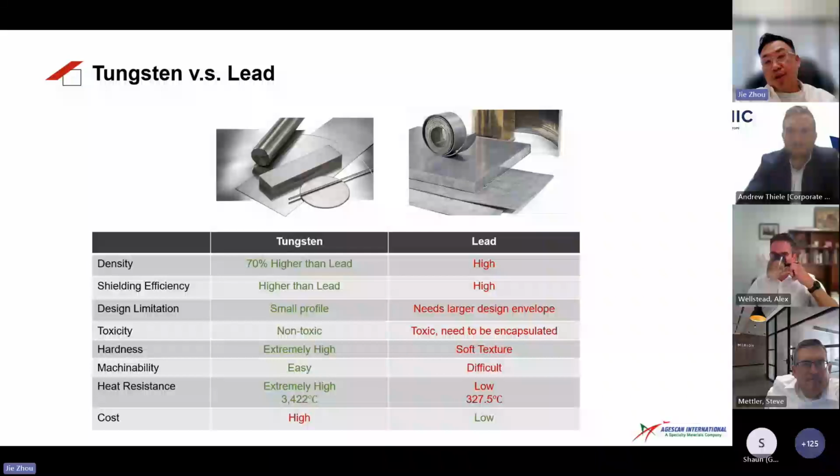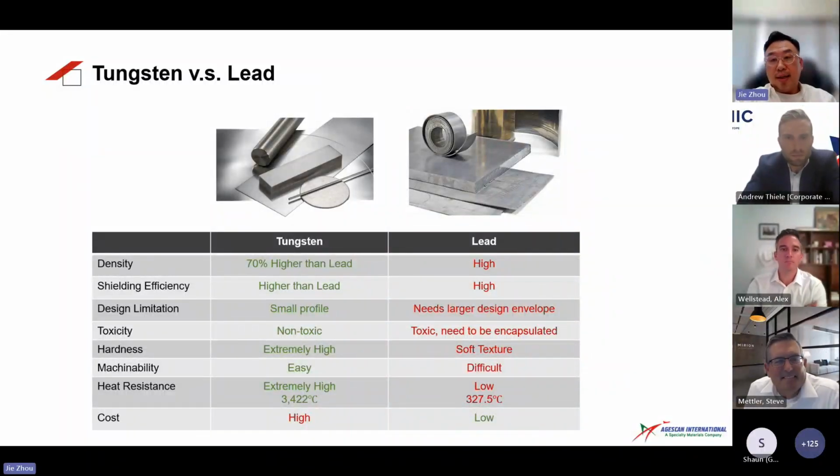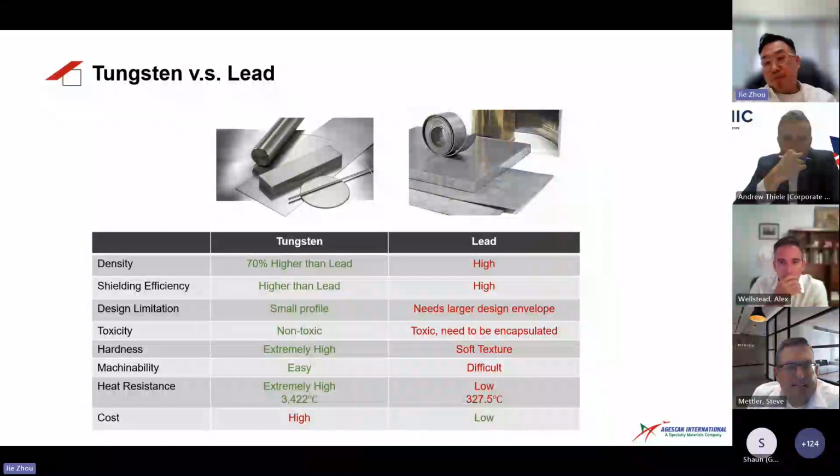So lastly, let's look at a two-metal comparison: tungsten versus lead. First and foremost is density. Tungsten is 70% denser than lead, averaging 18 grams per cc versus lead at 11 grams per cc. When we use both materials at the same thickness in a shielding scenario, tungsten has much better efficiency.